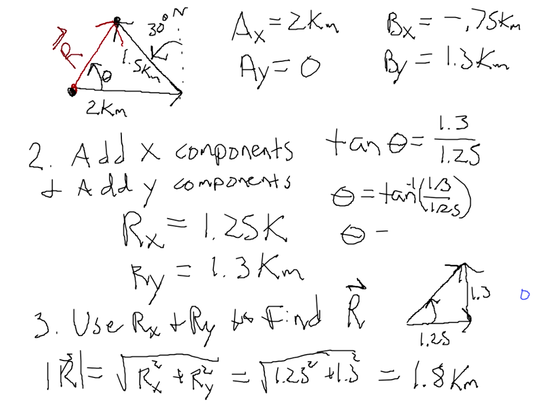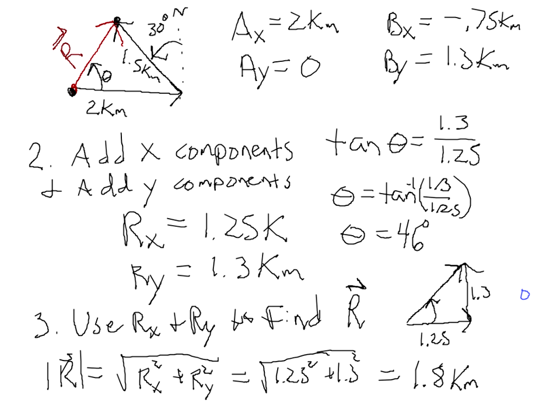That's going to be approximately 45 degrees, since those are both about the same. But let's see, 1.3 divided by 1.25, and then you do inverse tangent, and we get 46 degrees. It is pretty close to 45.